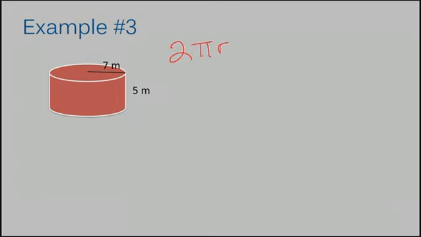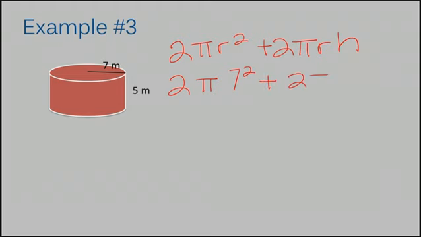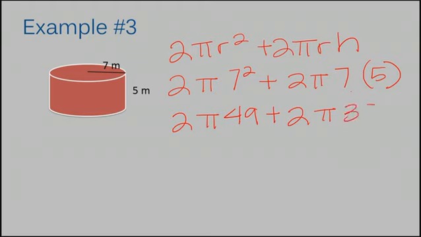2 pi, my radius is 7, so that's going to be 7 squared, plus 2 pi, my radius is 7 again, and h, my height is 5. Rewrite solving just what I know. 7 times 7 is 49. Plus 2 pi, 7 times 5 is 35.